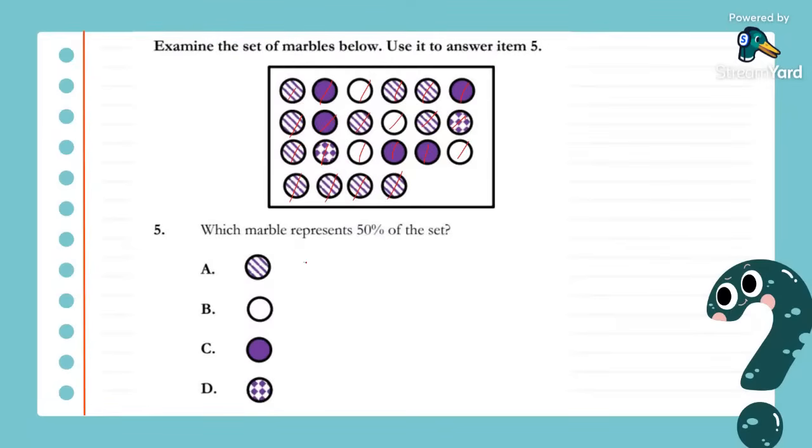So 22 marbles in all. How many out of the 22 are striped? Go ahead and tell me that in the chat. How many out of the 22 are striped? 1, 2, 3, 4, 5, 6, 7, 8, 9, 10, 11. 11 of the 22 are striped.